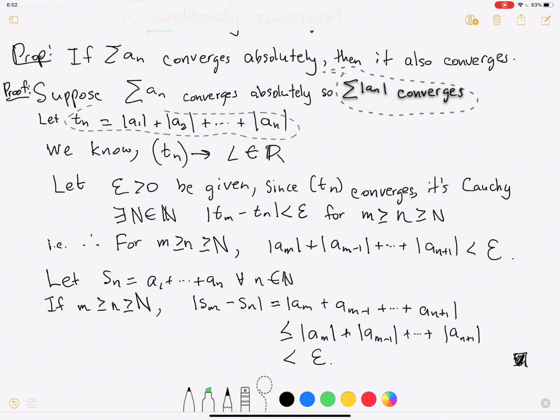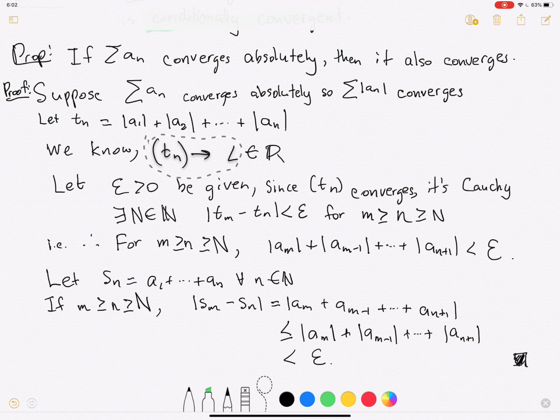We define these partial sums. And since it converges, we know there's some L in R that it converges to. And now we show that the series converges. So let epsilon be given, since that is Cauchy. Since the series converges, it's Cauchy.